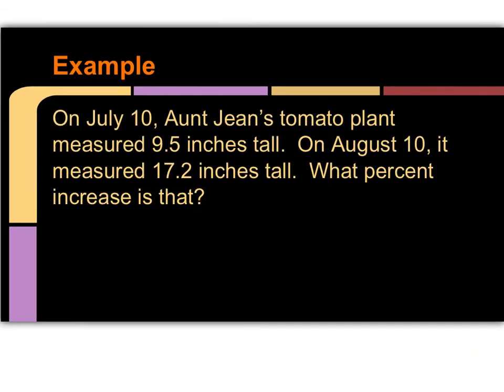In the last example, you may want to try this on your own first and then hit play to check your answer. On July 10th, Aunt Jean's tomato plant measured 9.5 inches tall. On August 10th, it measured 17.2 inches tall. What percent increase is that? So which one, first of all, is the original height?